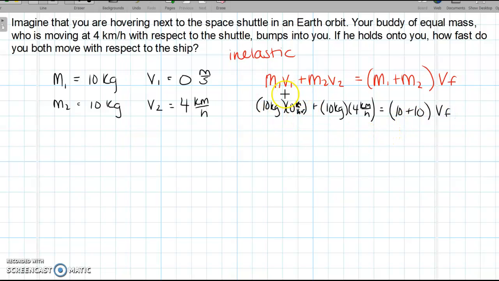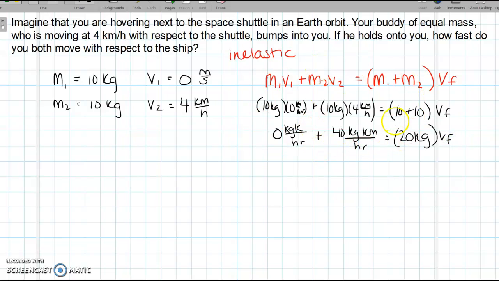So the initial momentum for you, or M1 in this case, is going to be 0 kilometers per hour plus 40 kilometers per hour, equal to 20 kilograms times VF.